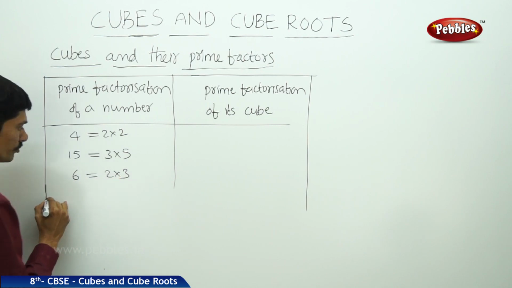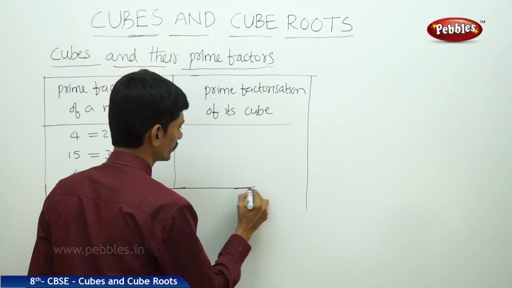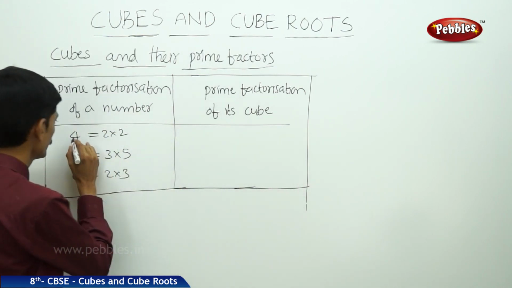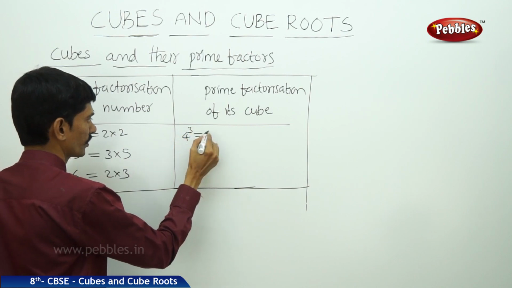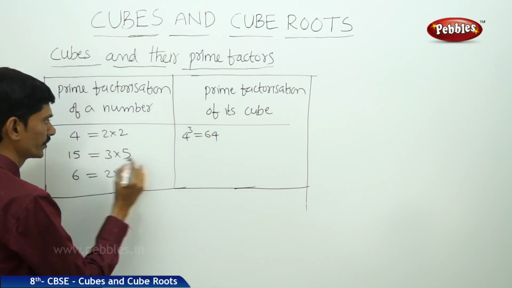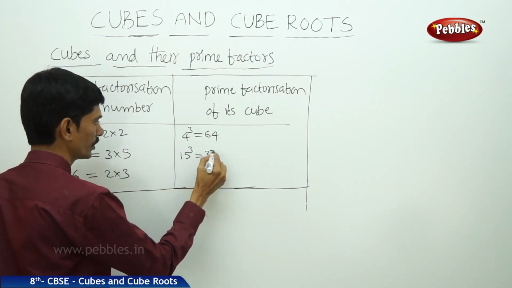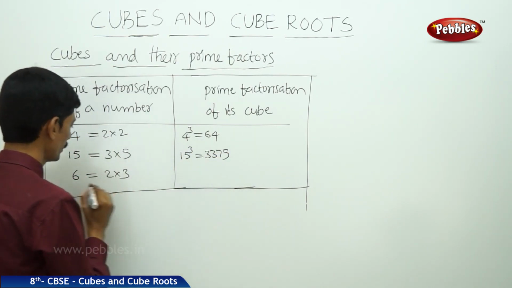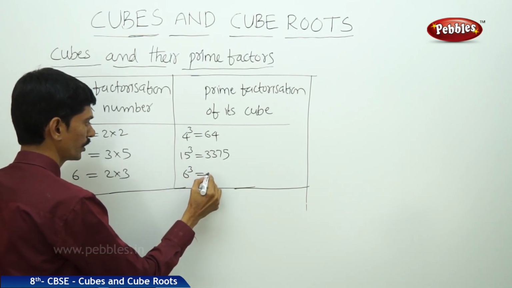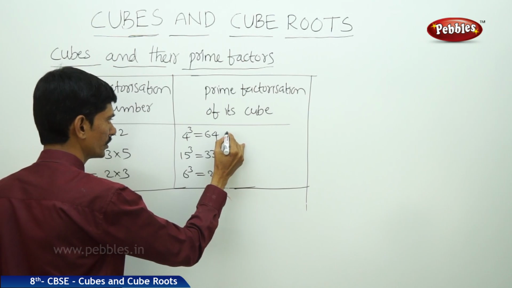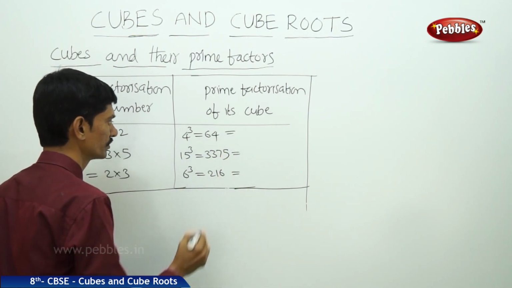Now let us find the cubes of these natural numbers and see their prime factors. So we know that 4 cube is 64 and 15 cube equals 3375 and 6 cube equals 216. Now let us see the prime factors of the cubes of these three numbers.